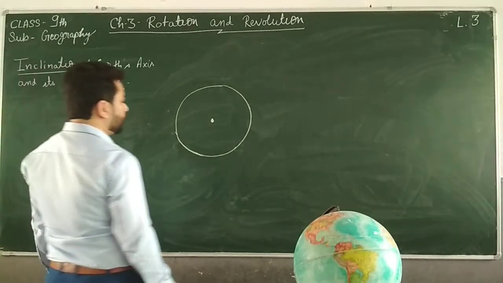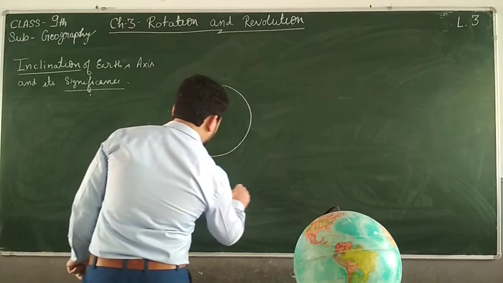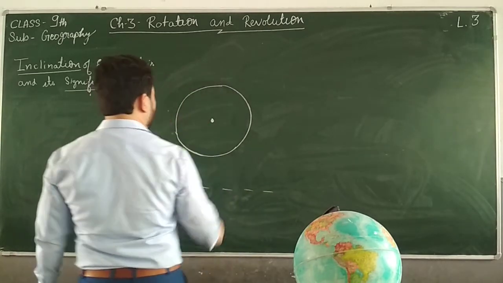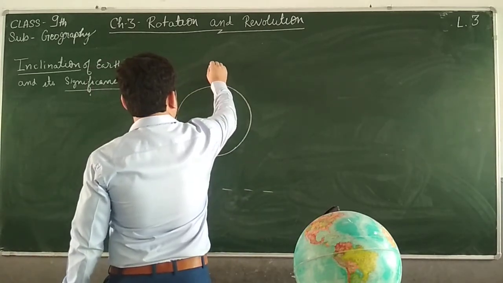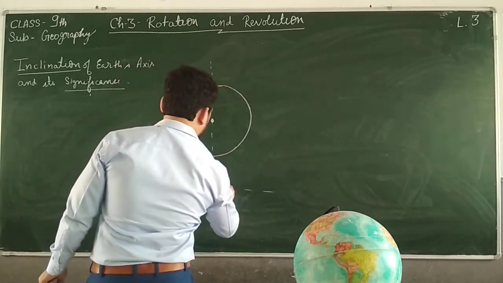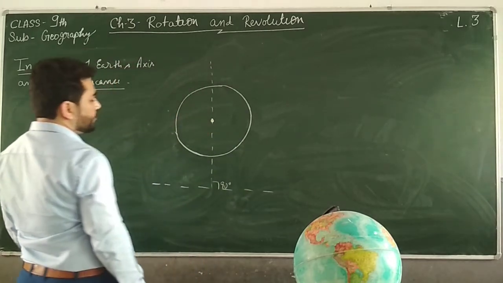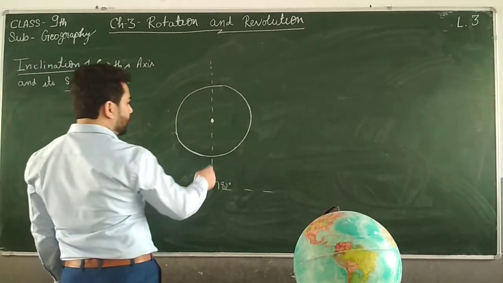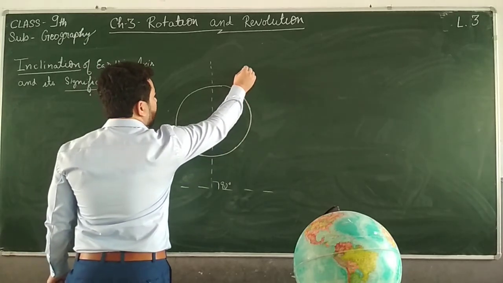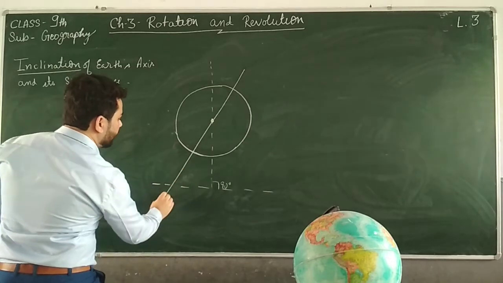Now, we know that suppose this is the plane of the earth's rotation, and this is the 90-degree perpendicular, right? And we know that earth is not rotating in this manner. The earth is rotating at an angle of 66 and a half degrees.